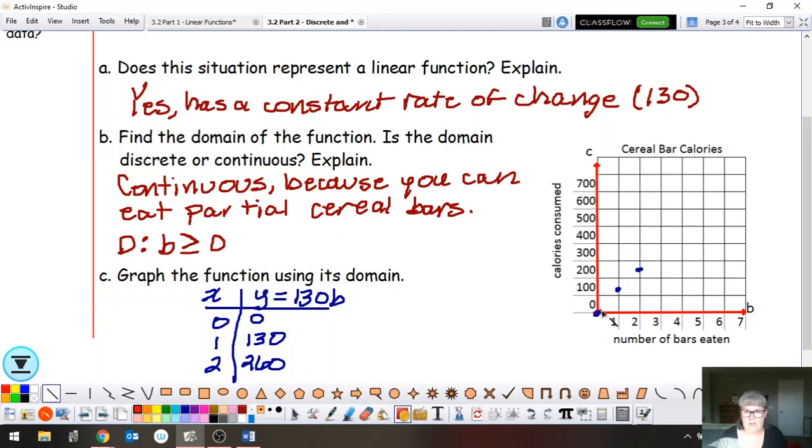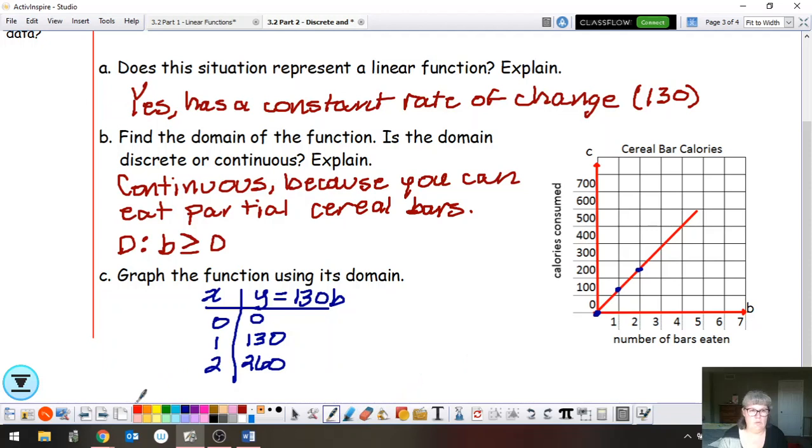If we were in geometry, I would call this a ray because it's only extending in one direction. So we would have a graph that looks something like this, and I'm going to put an arrow on the end to show that it goes on forever in that direction. And that would be how we would show the continuous function of the cereal bar situation.